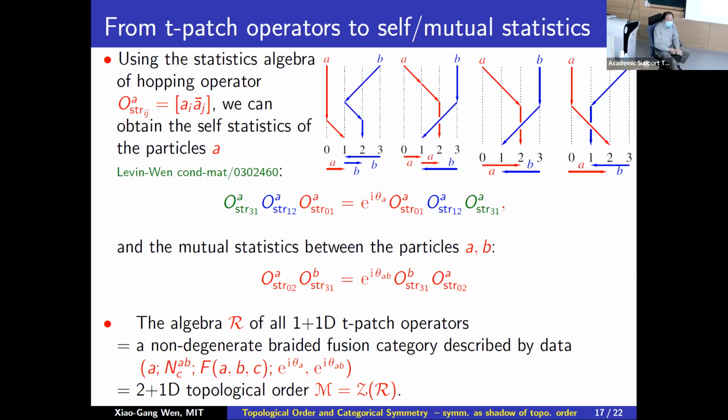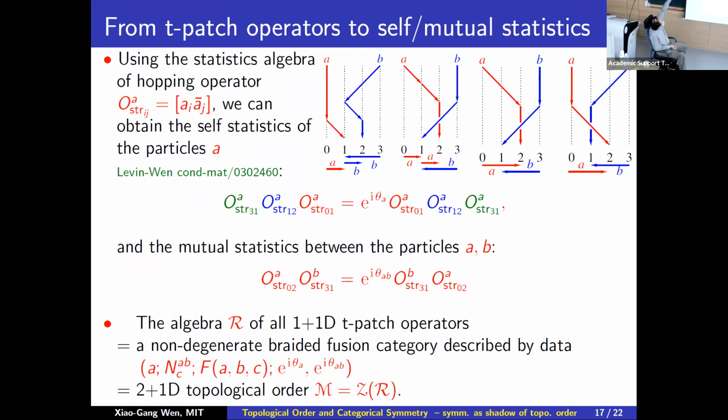We cannot compare the phase. But when A and B are the same, then we can compare the phase. The initial and final states are really the same. That's only when A and B are the same. So now you can say AAA, they're all A. Then the different order of these three operators, but in different places, gives us self-statistics.